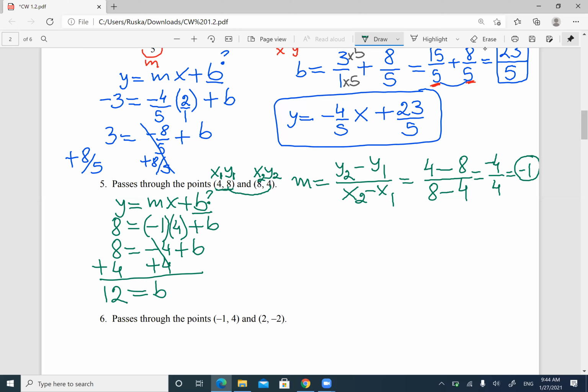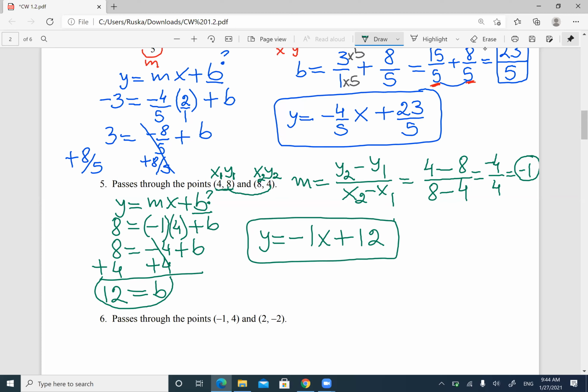Okay, so we have b. We have the slope is negative 1. So we're just going to write the equation. y equals negative 1x plus 12. Okay, so we're doing the same we just did, just an additional step to find the slope using the slope formula.